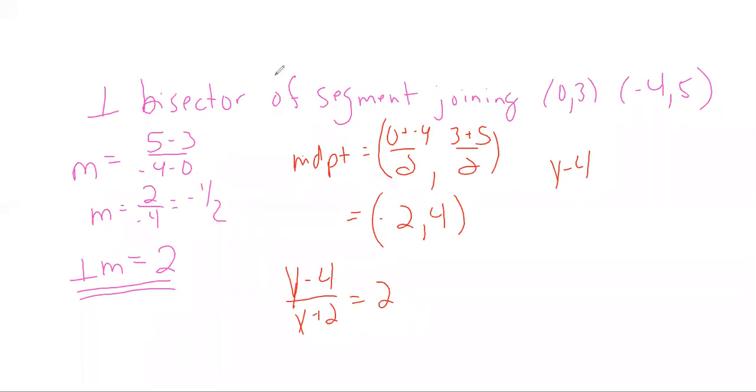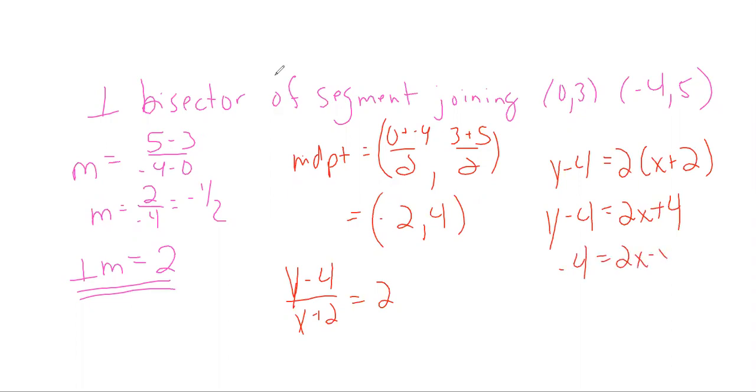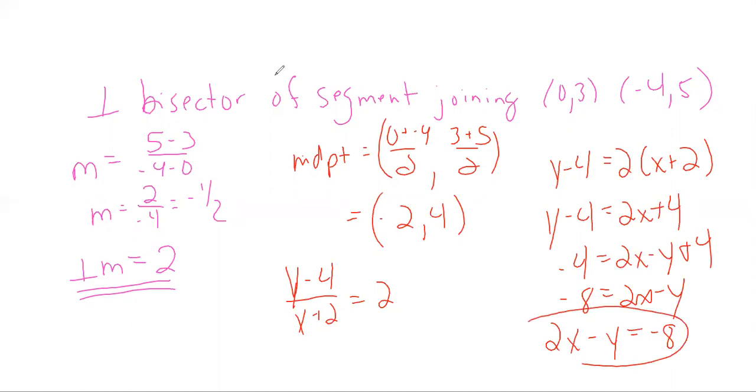Sorry about that. Is equal to 2 times x plus 2. So I should have y minus 4 is equal to 2x plus 4. Move the y over. Negative 4 is equal to 2x minus y plus 4. Subtract a 4, you'll get negative 8 is equal to 2x minus y, or in general form 2x minus y is equal to negative 8. There you go.